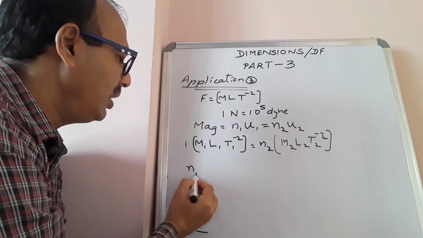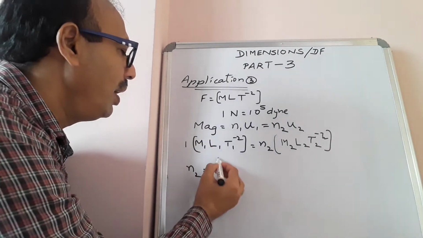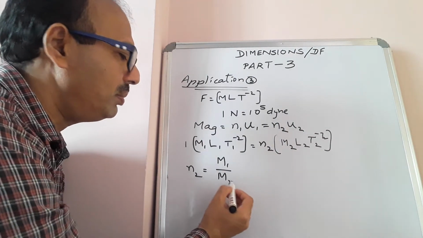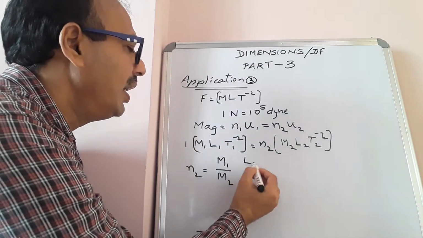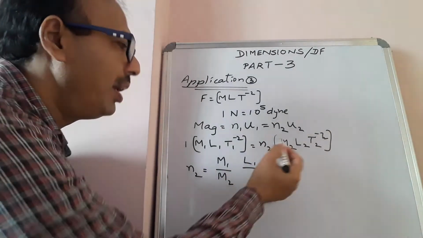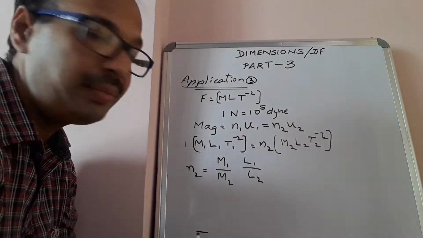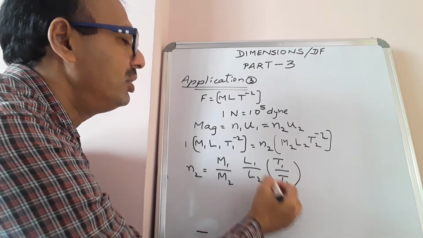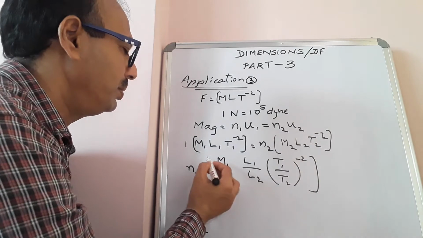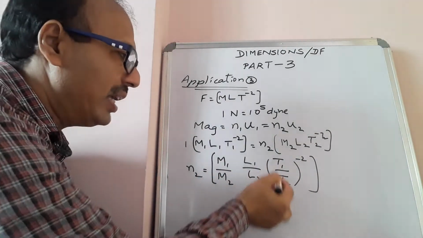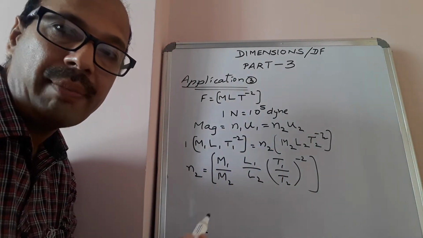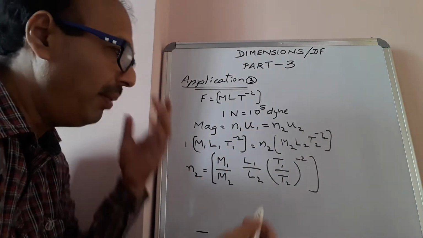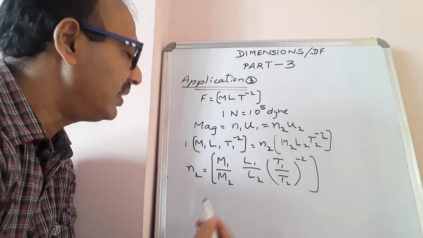Now n2 is equal to mass in SI system by mass in CGS system. Similarly, length in SI system by length in CGS system, and time in SI system by time in CGS system, whole power minus 2. As the units of time in both CGS and MKS are same, so s and s get cancelled.